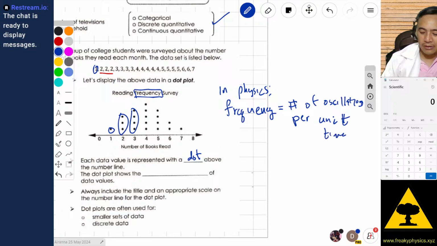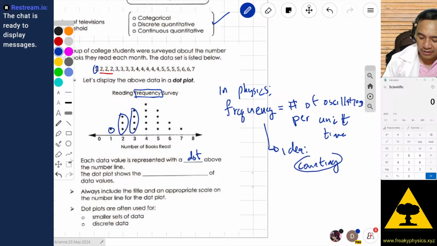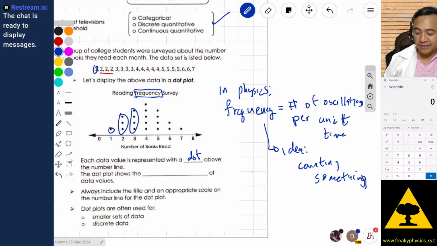Now, if you look at this, frequency is counting. The main idea is you are counting something. If you relate this to everyday English, you could be asked, how frequently do you go to the library?